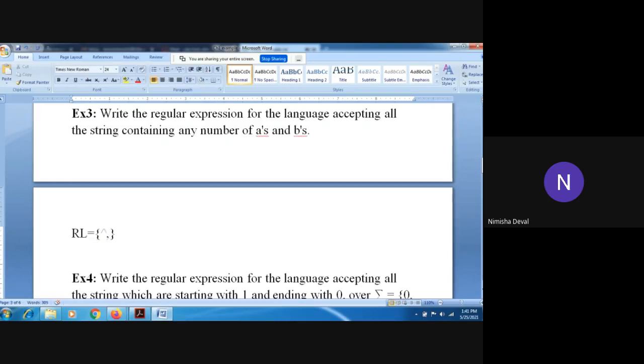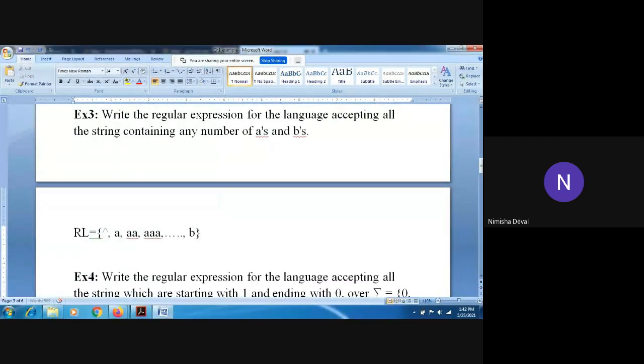Then any number of a's means 1a, 2a, 3a and onwards. Next, single b, double b, triple b and so on. After that there may be combinations of a and b also: single a and b, double a, double b, and so on.